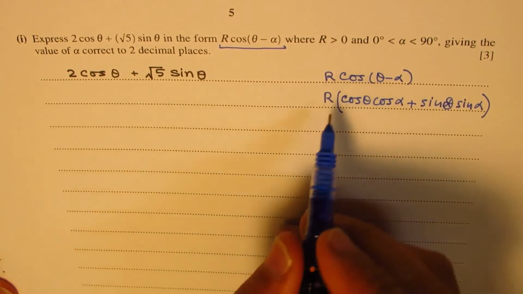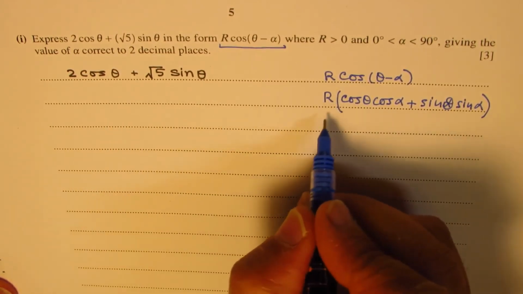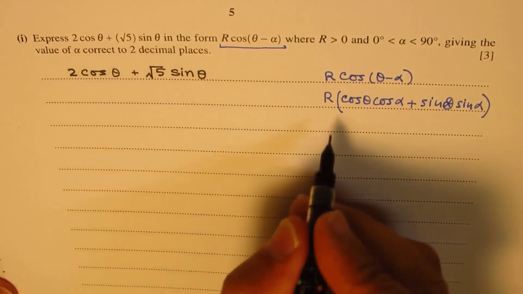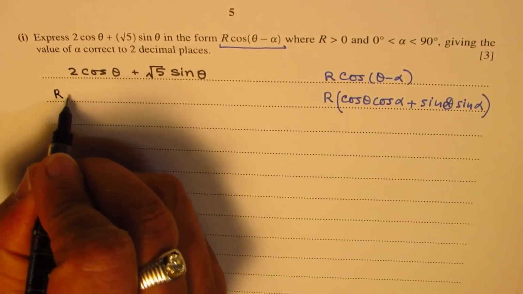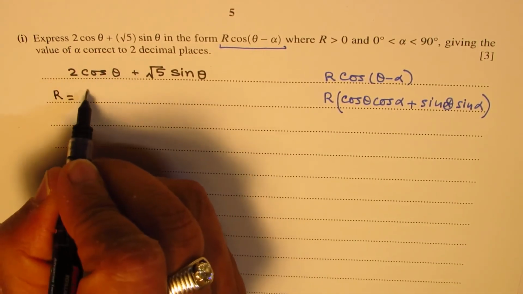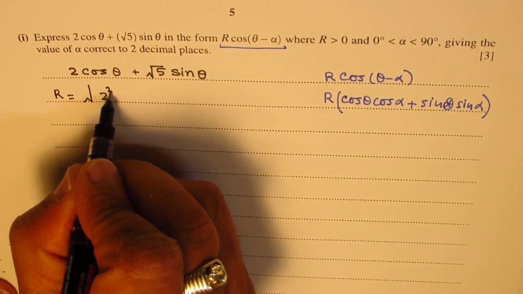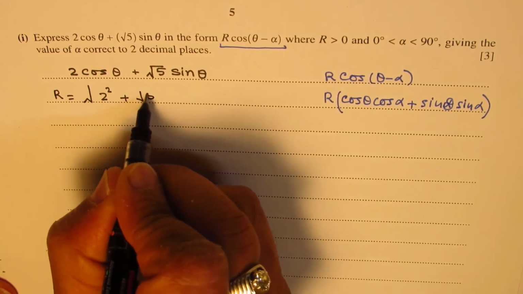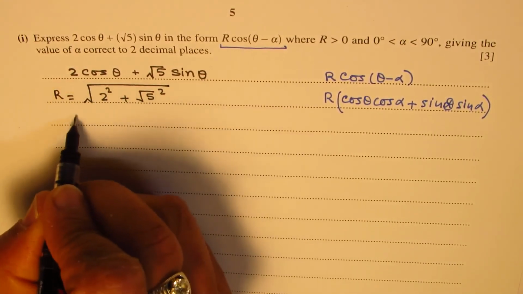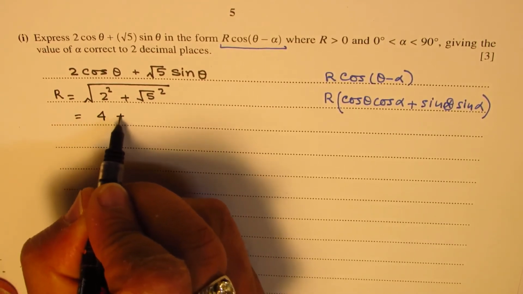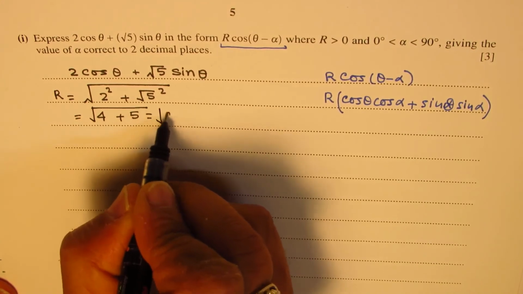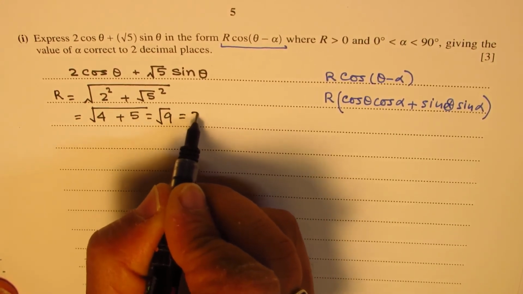So if you compare this, then 2 and square root 5 can give you some idea. So what we normally do is we find the value of r as equal to magnitude of these two, right? Which is square root of 2 square plus square root 5 square. So what we get here is 2 square is 4, square root 5 square is 5, and what we get here is square root of 9 equals to 3.